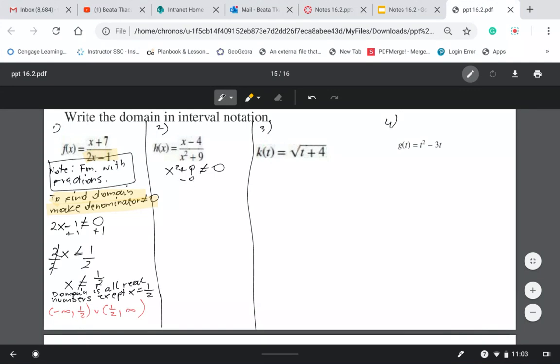I subtract 9 from both sides, and we end up with x squared is not equal to negative 9. That means x squared is never equal to a negative number. This is a little tricky, but it is always true. We cannot really solve it.